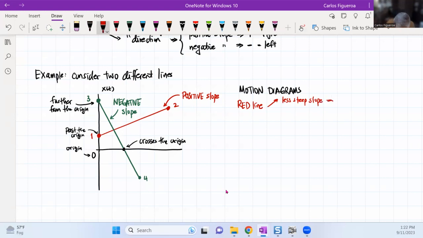That tells me that this car is moving slowly. However, this is a positive slope. So therefore, this is moving to the right.